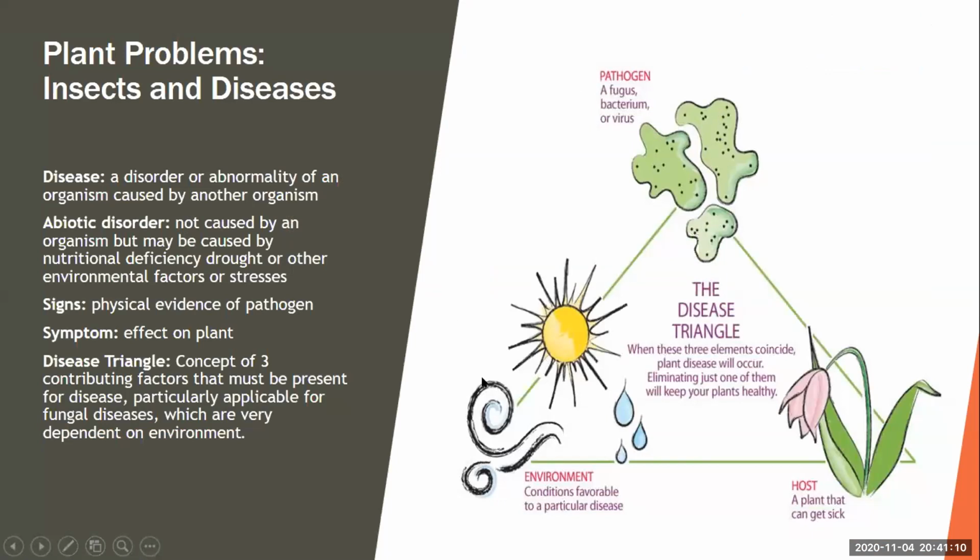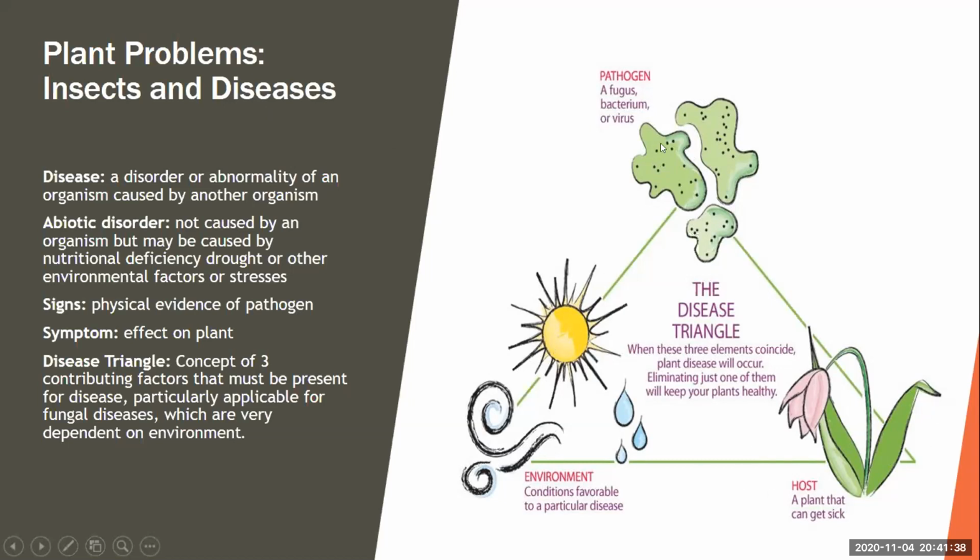All right, and this is the triangle of the insect or disease. Always when you have a problem, or let's say you have a disease problem, you have brown patch, for example, you're going to have the pathogen, you're going to have Rhizoctonia, you're going to have humidity, it's too hot, too much water, and you're going to have St. Augustine grass as the host.